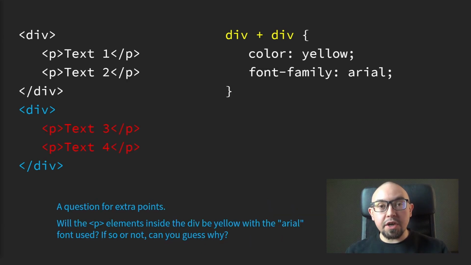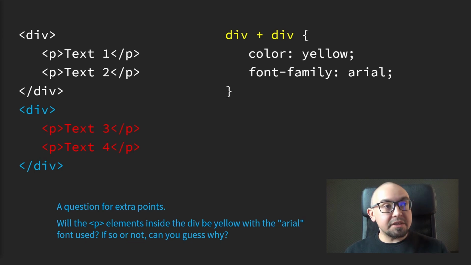Now the question for extra points. I will ask such questions sometimes. They are characterized by the fact that they are difficult to solve based on the knowledge you have right now. So don't worry at all if you fail to answer them. Nevertheless, it is worth focusing and trying to find the answer in order to spot certain patterns in the future. This is the question.